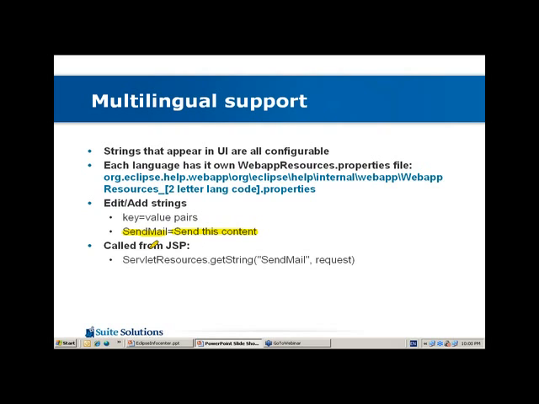And then to call from JSP, there's an object called servlet resources getString, and it will pull in that send mail string. It uses the request to know what language to pull in. So if you have a new button, or you want to change a string, or you have a new language, you'd add such a file and modify it. The file is an ANSI file.